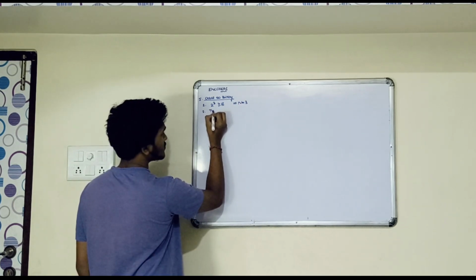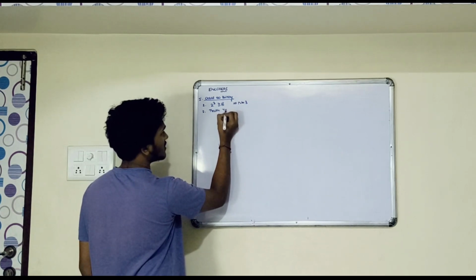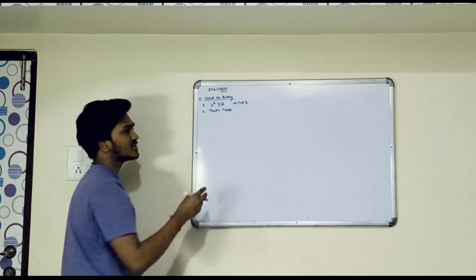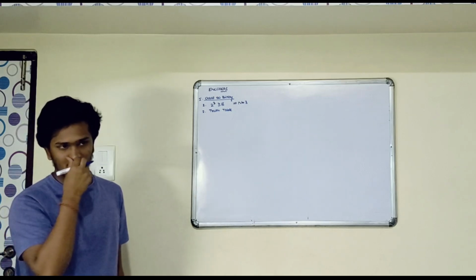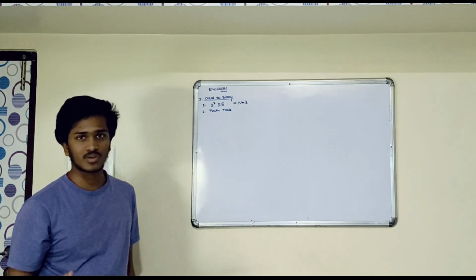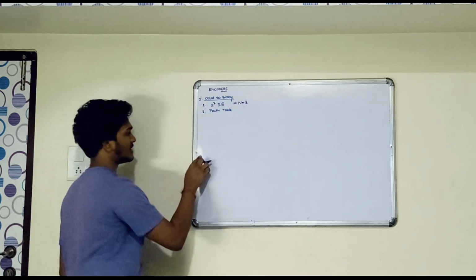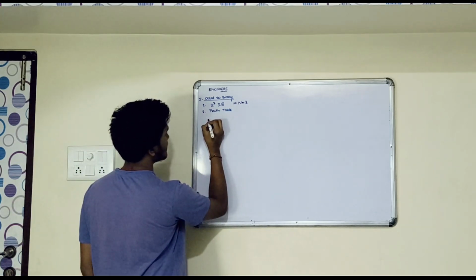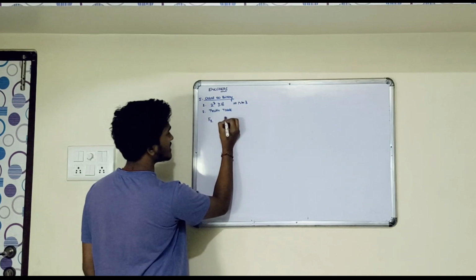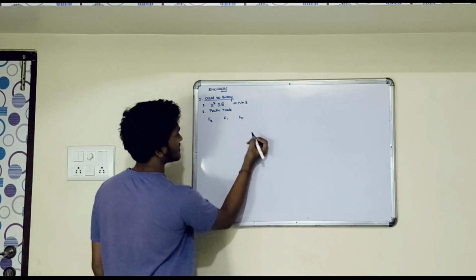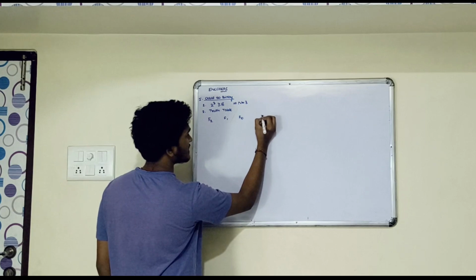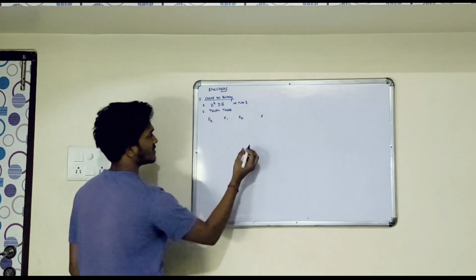Secondly, we need to draw the truth table for representing the octal numbers as binary numbers. Now this is a process of encoding these numbers into their binary equivalents. So let's hurry up and draw the truth table. We'll require F2, F1, F0 and let's say X, which is the octal number.